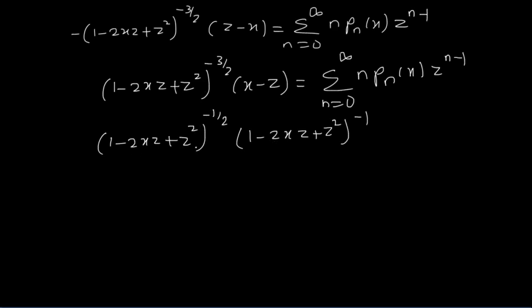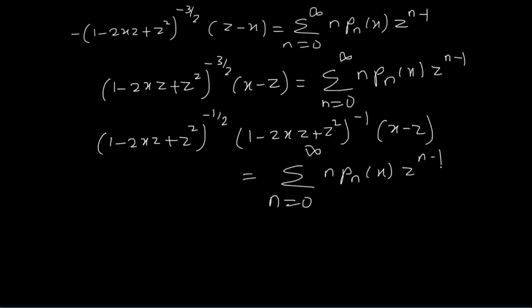So 1 minus 2xz plus z square raised to minus 1 by 2 and into 1 minus 2xz plus z square raised to minus 1, so that the bases are same. When you add these two, again you will get the same thing here. So this is x minus z, which is equal to summation from n is equal to 0 to infinity n into Pn of x z raised to n minus 1.